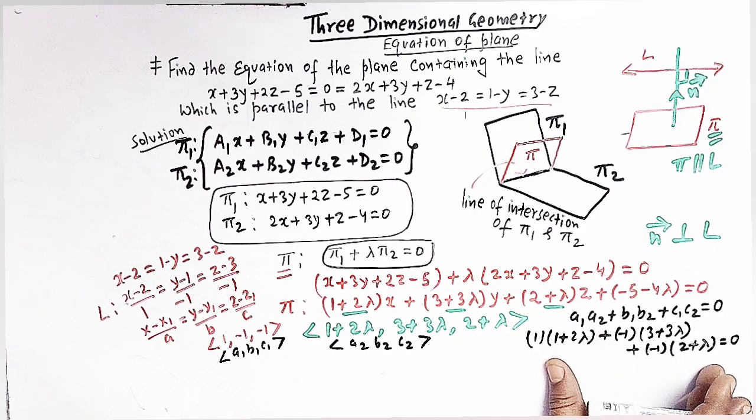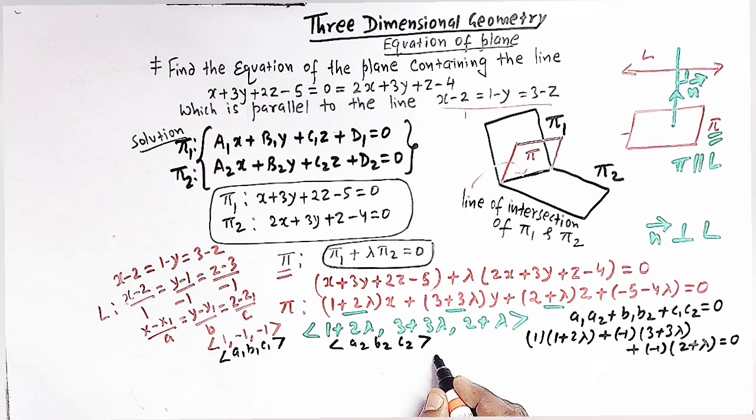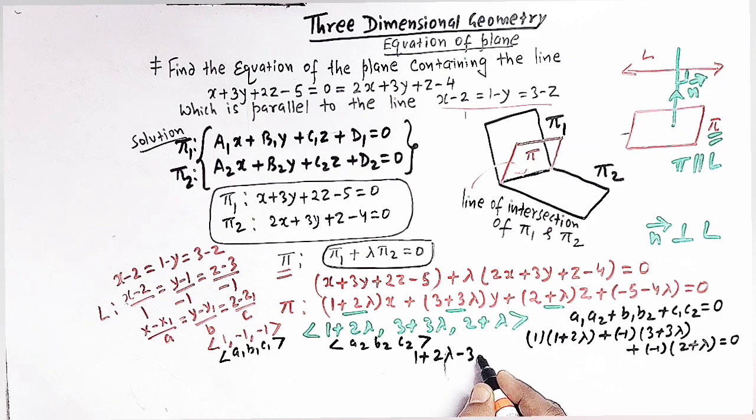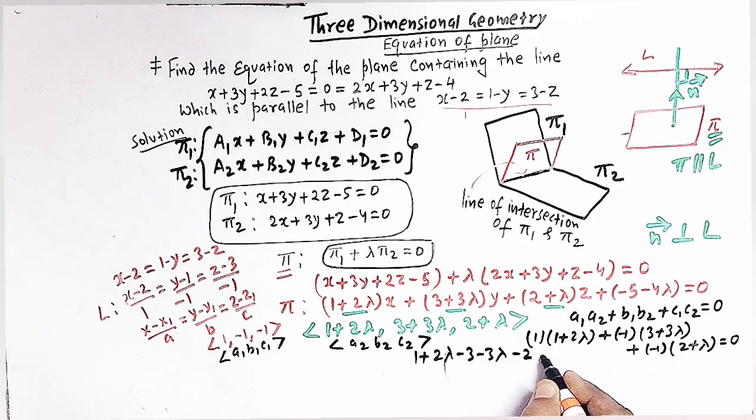So let us solve this equation for lambda. We have 1 plus 2 lambda, then minus 3 minus 3 lambda, and minus 2 minus lambda is equal to 0.